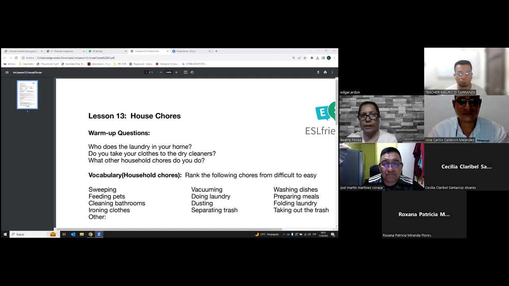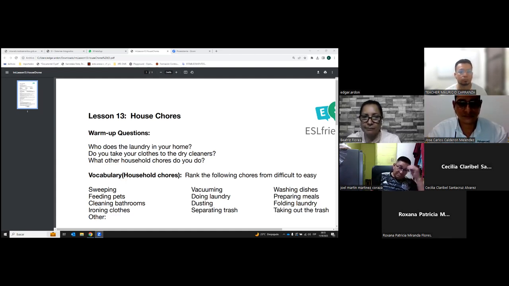Because some clothes are soft, and you can wash them in the machine that I have in the house. Okay. Delicate laundry, that is delicate. The delicate clothes.